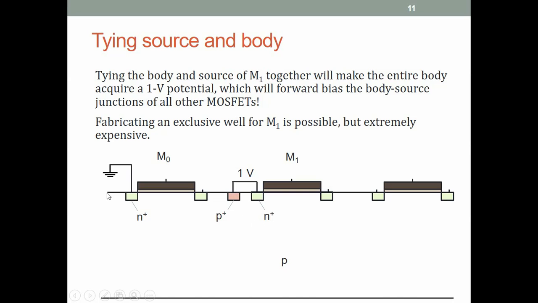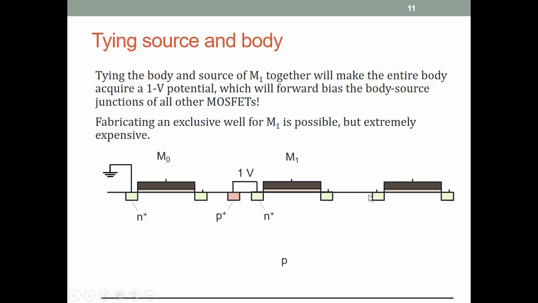Now I have not drawn this, but there will be another p plus here for the M0, and that will be connected to ground, because we are shorting the body of the M0 to ground. So you have 0 volt here, and you have 1 volt here. So what happens? This is just a piece of resistor, and so a large current will flow across this resistor in the body from the 1 volt to ground.